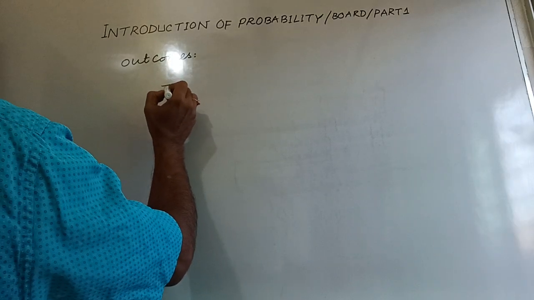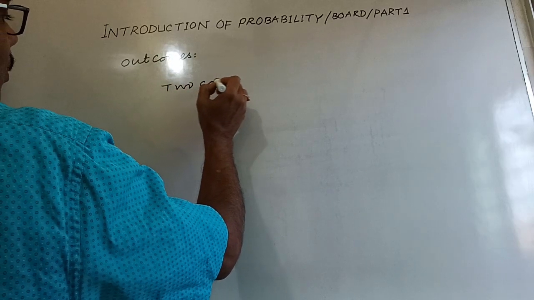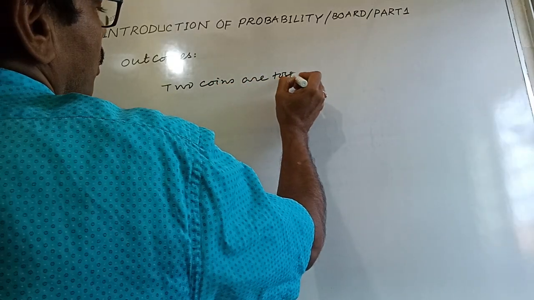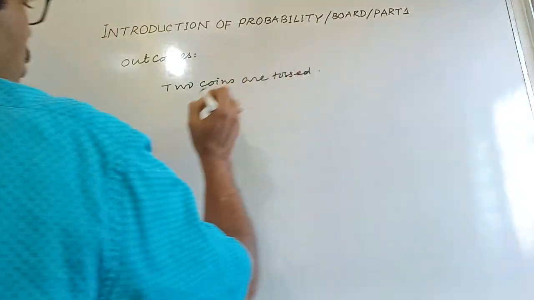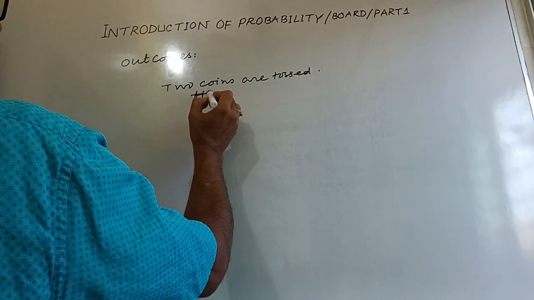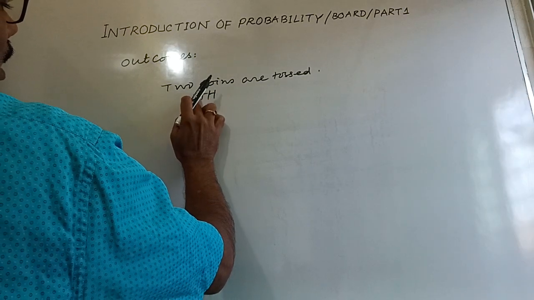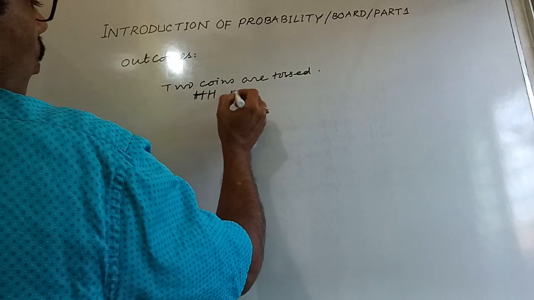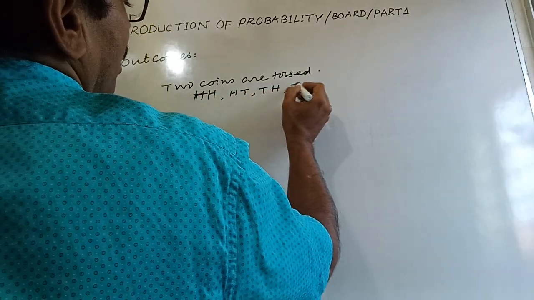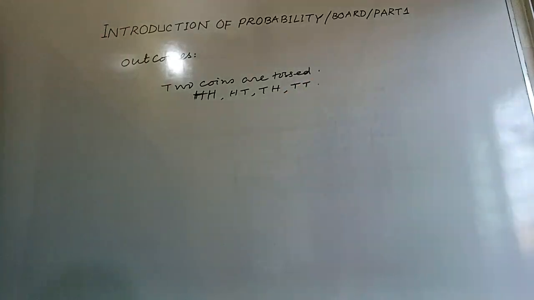Take an example. 2 coins are tossed. So we may get 2 heads, 1 head and 1 tail, tail first then head, or 2 tails.